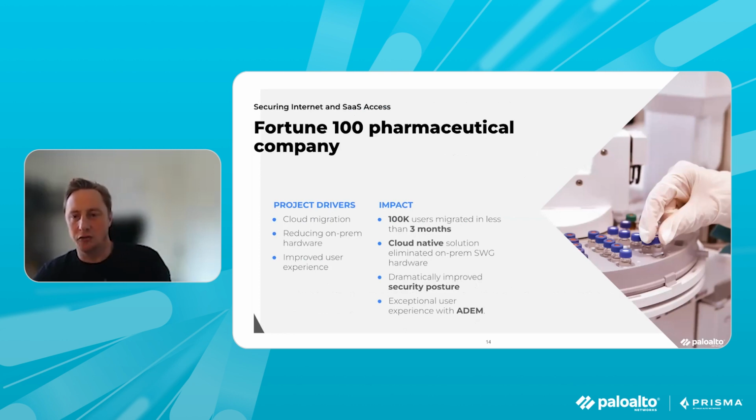We've got a Fortune 100 pharmaceutical company here. They had a very urgent requirement to migrate their legacy SWIG to Prisma Access with better security and dramatically improved user experience. Cloud migration was the primary driver here. And as such, they wanted to reduce their multi-vendor on-premise hardware deployments. That's another thing I've not mentioned. Hardware vendor consolidation is a big piece.